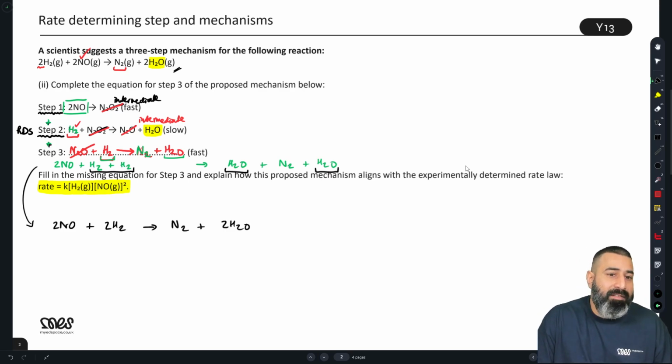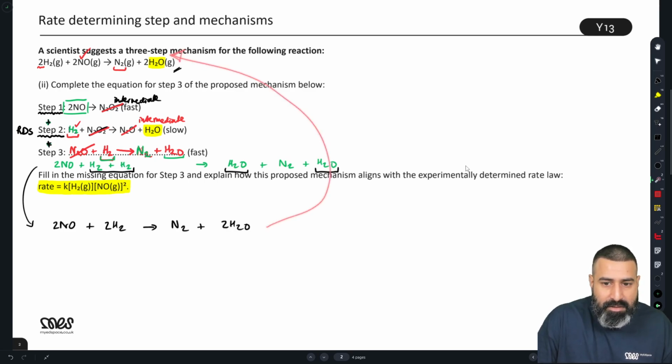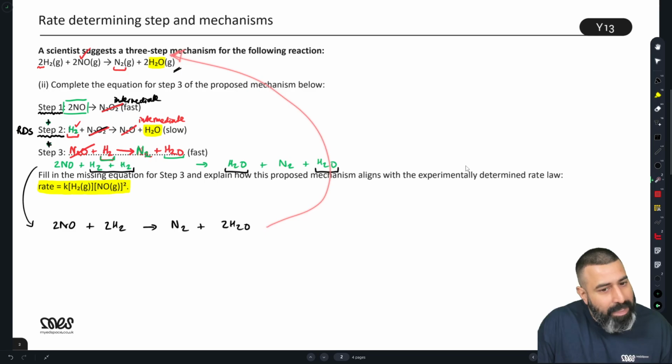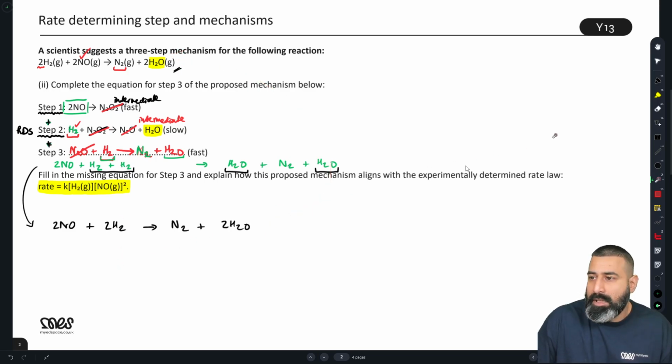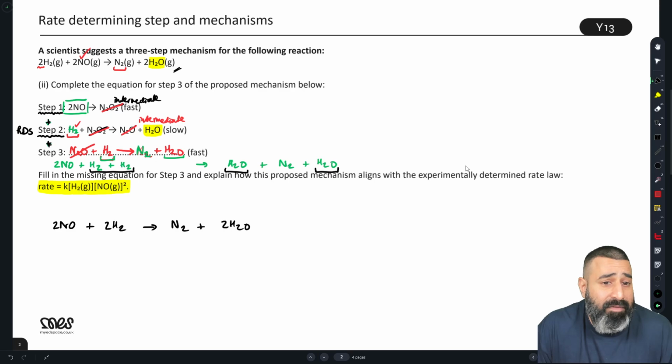After adding up and filling in step 3, so add up step 1, 2, and 3, do I get the overall chemical equation that I started with? Is it consistent with that? Yes, it is. And that is a mechanisms question where you have to fill in the last step and make sure everything is consistent with the rate equation and the overall chemical equation.